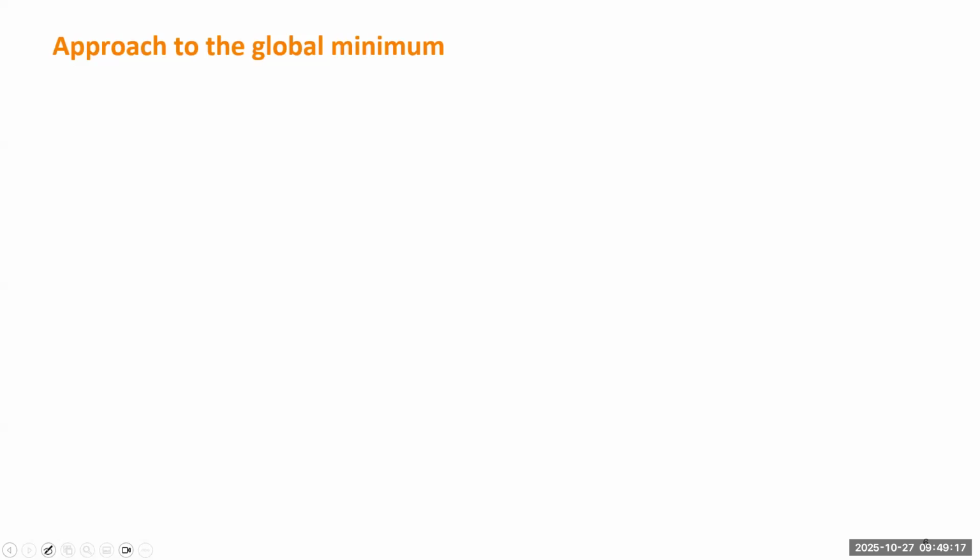Okay, so let's summarize the approach to find the global minimum. We want to find really just one solution. Or if you have multiple solutions, they will all have exactly the same cost, which is smaller than any other points. So in theory, we need to take three steps.